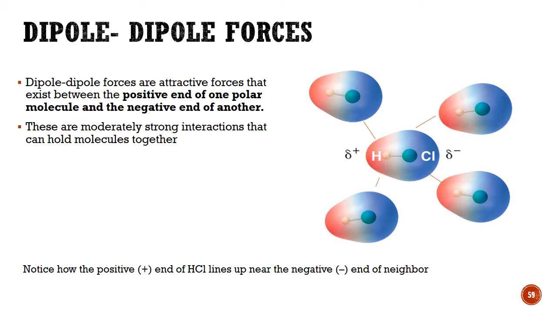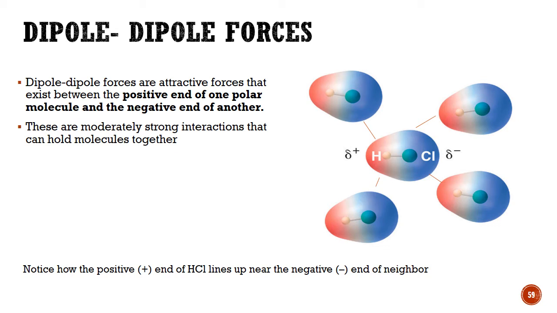So if you have a molecule that's got a positive end and a negative end, and then you bring another molecule along that's the same molecule, the positive end of one molecule will be attracted to the negative end of the other molecule. So even though they're not ionic, they're still partially charged and will be attracted to each other. So you can see in this picture that the positive hydrogen end is attracted to the negative chlorine end, and so they line themselves up and they sort of stick close together.